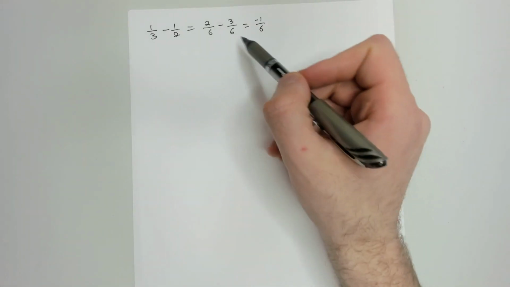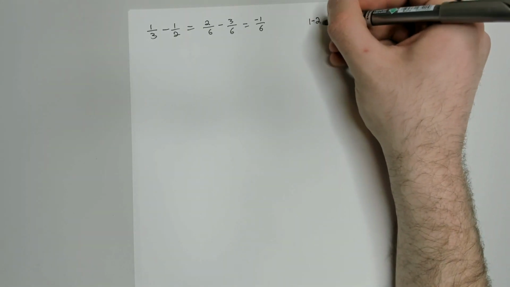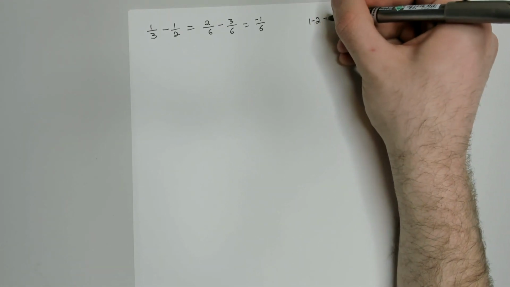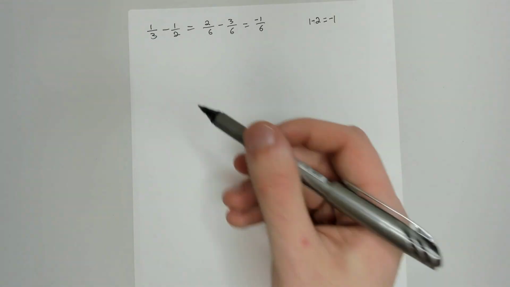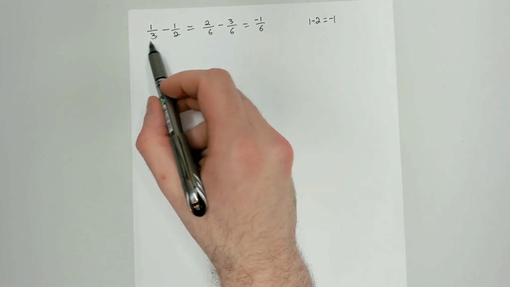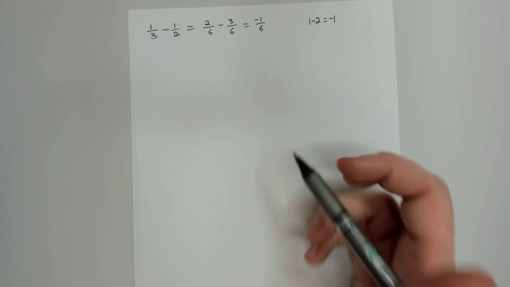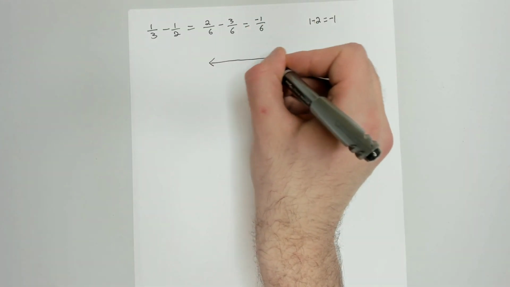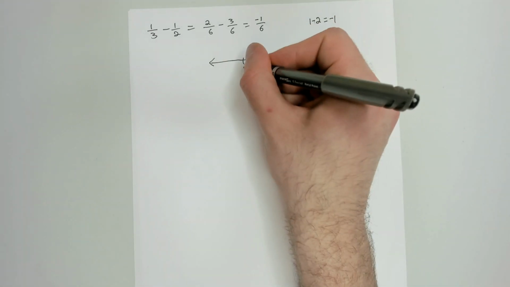And this 1/2, you'll see, is going to be 3 6s. 2 minus 3, that's -1, right? So we actually end up getting negative numbers, right? And we got that with regular whole numbers too, right? If you subtract a bigger number from a smaller one, that takes you into the negative numbers, right? So similarly with fractions, you subtract a bigger fraction from a smaller one, you're going to be going into the negative numbers. And the way we can interpret that is just, well, it's the same thing as a regular fraction, just in the opposite direction, right?